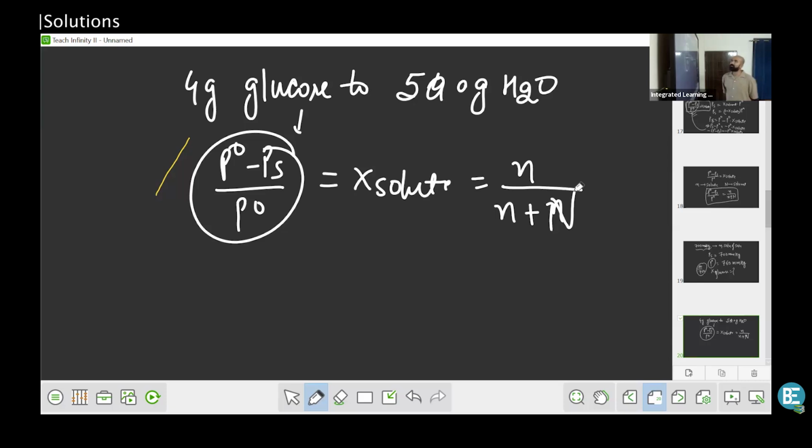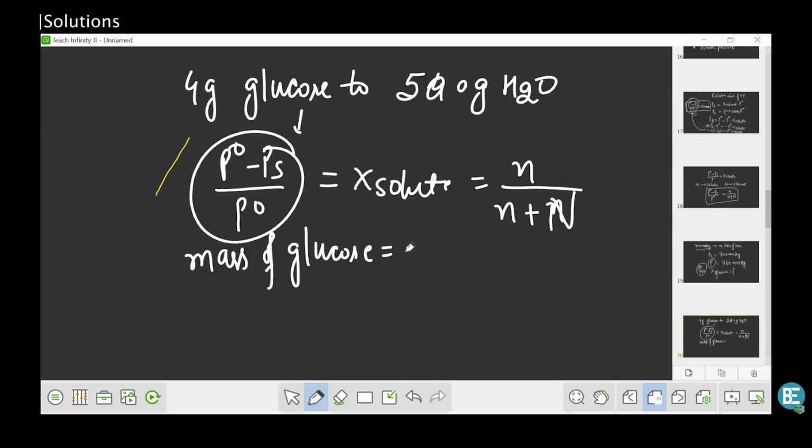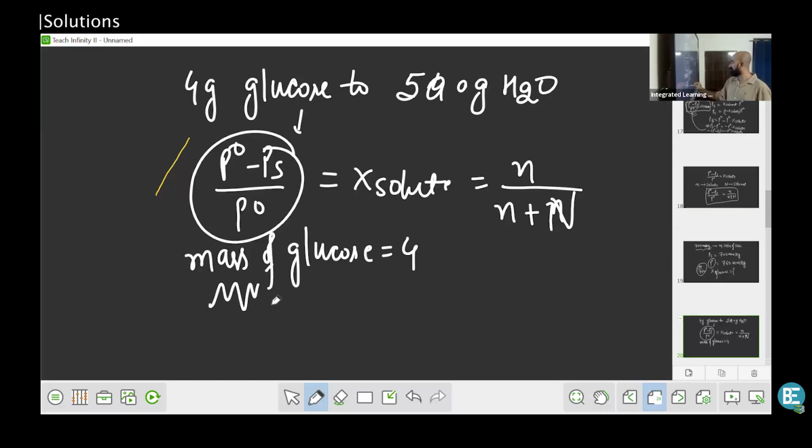So see, what is the solute? Glucose or water? Glucose. Glucose is the solute. Mass of glucose is 4 gram. What is the molar mass? 180.